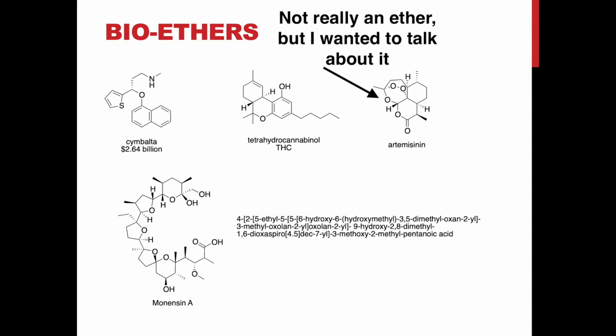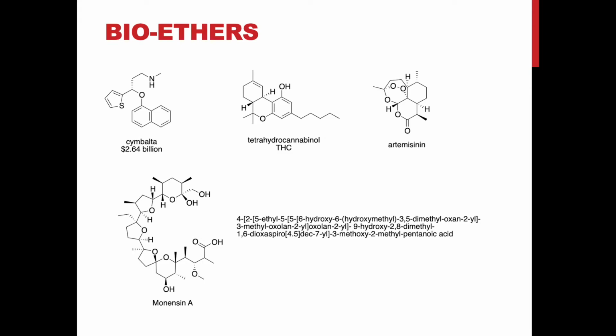So the mechanism of action here is that the parasite gathers up a bunch of heme to try to break it down, right? It's in red blood cells. And the iron in the heme will break this oxygen-oxygen bond, which generates free radicals, which then damages proteins in the parasite, resulting in its death.